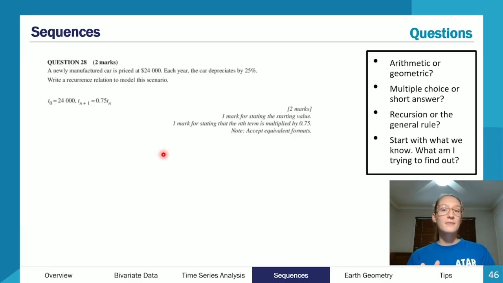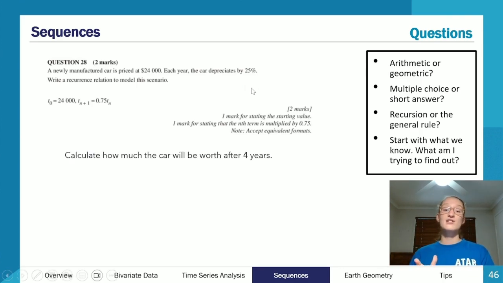So T1 is after 1 year has passed. But here we're told the initial brand new value is $24,000. After 1 year, when we're looking at T1, it's already depreciated by 25%. So it wouldn't be accurate to say that T1 is $24,000, because a year hasn't passed yet if it's still worth $24,000. And now let's calculate how much the car will be worth after 4 years to illustrate that.